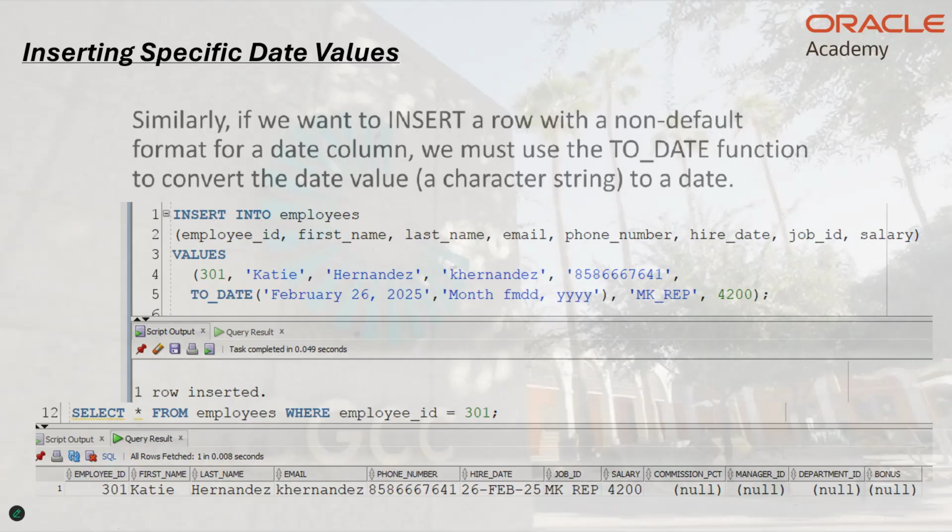So similarly, if we wanted to insert a row with a non-default date, and this happens all the time with how individuals input data, the system will store the date in default format, but we need to indicate to the system that if it's entered this way, then we're going to change or understand that that's the date format being inputted.